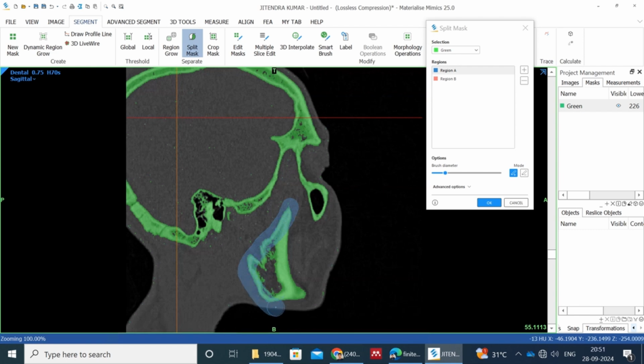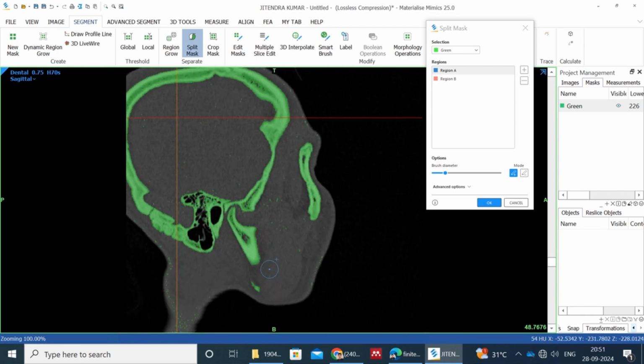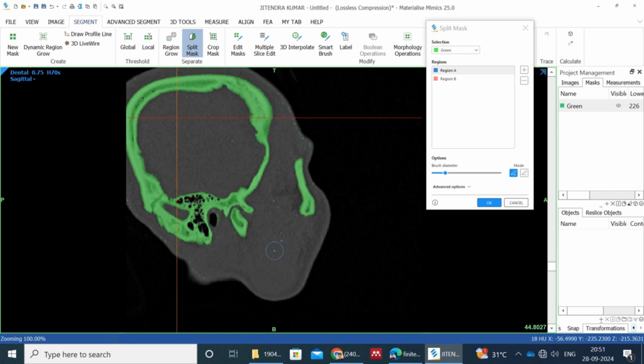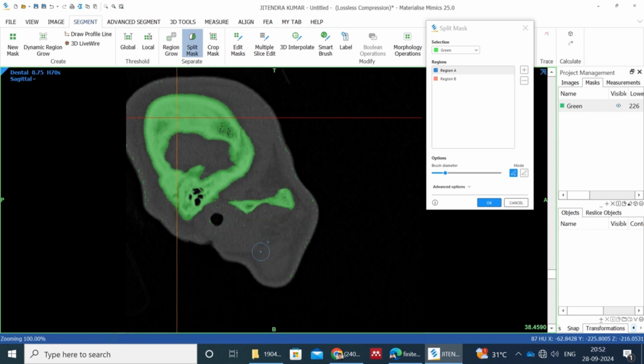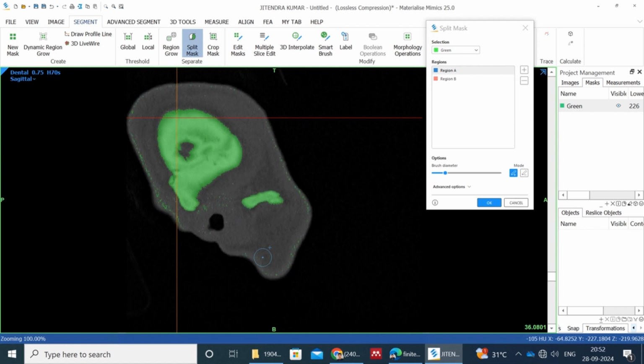This is the mandible. Now this is the end slide of the mandible. You can see after this there are no mandibles coming in the slide.